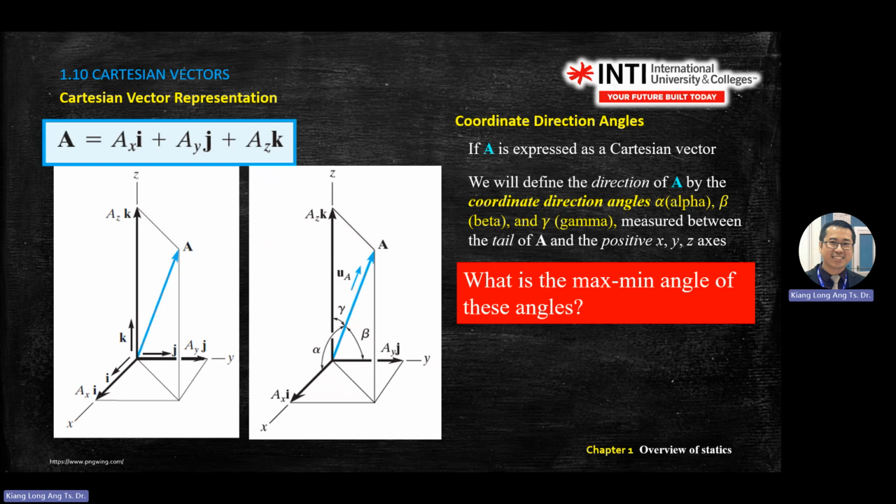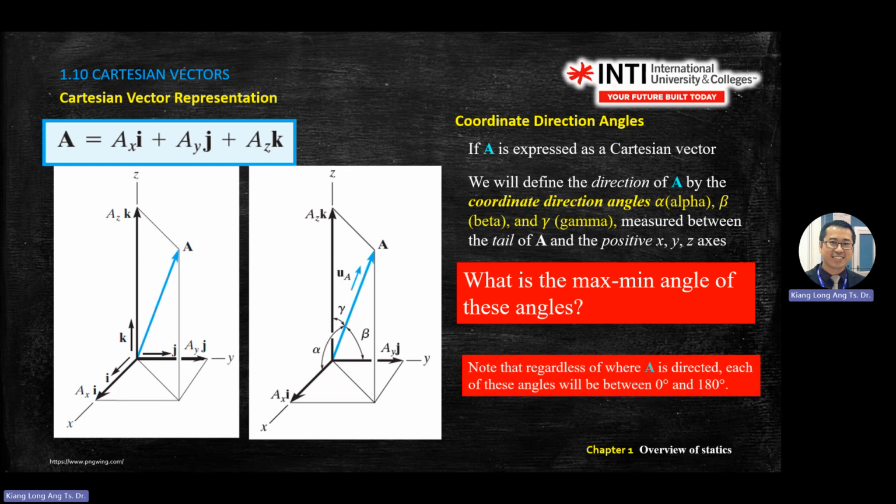How many? 0. Right? Maximum? 180. Yeah. Means this arrow, it can go from 0 to another side, 180. If your answer is more than 180, means wrong already. Means the arrow can be 0 to 180.